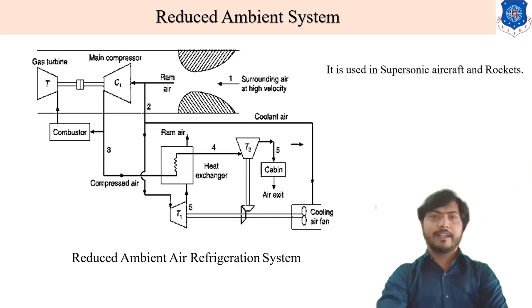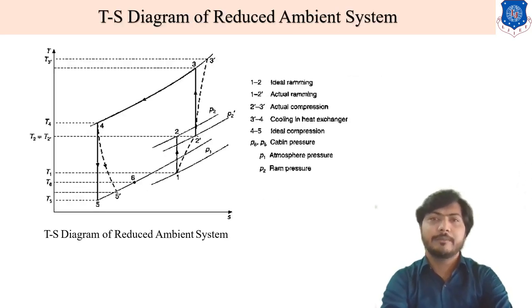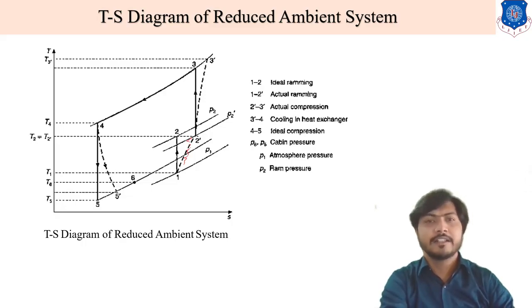Okay, this is our diagram of the reduced ambient system, and this is our TS diagram for it. 1 to 2' is the actual ramming process and 1 to 2 is the ideal ramming. If irreversibilities are there, that's why it is denoted by the dashed line.